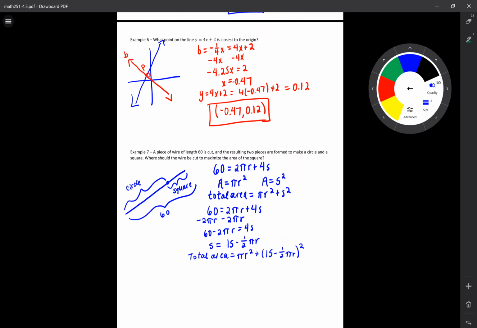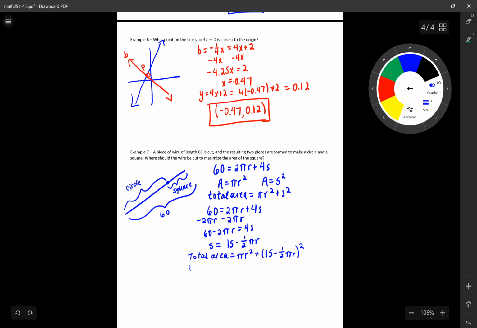Okay, if I were to factor or multiply out this square term, I would get pi r squared. Actually, you know what, let's not do that because we're going to have to find the derivative anyway. So this is my total area, and this is what I'm trying to optimize, so I need to find the derivative of this and set it equal to 0.